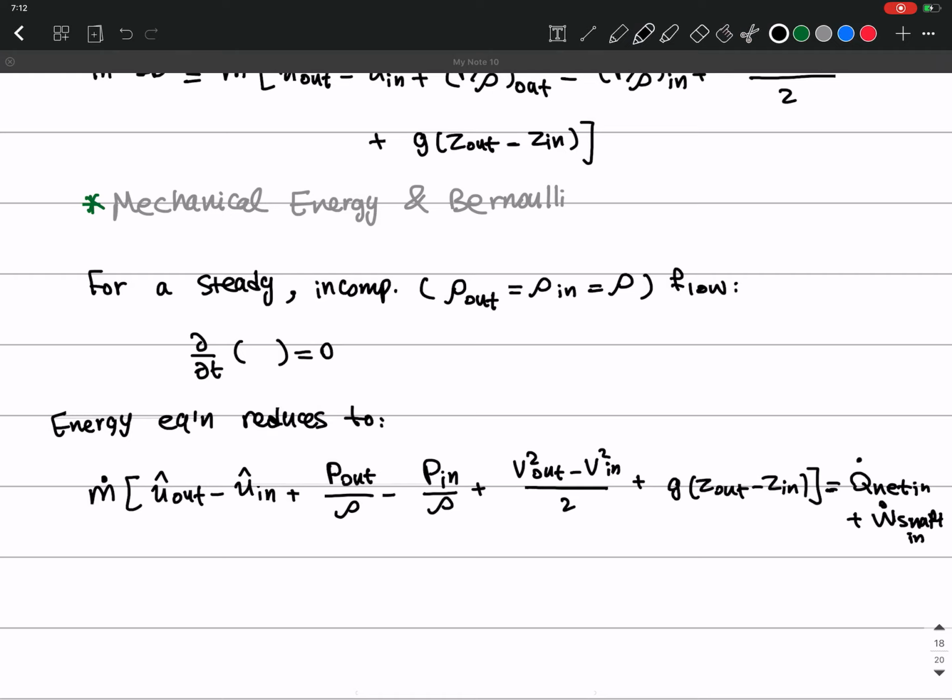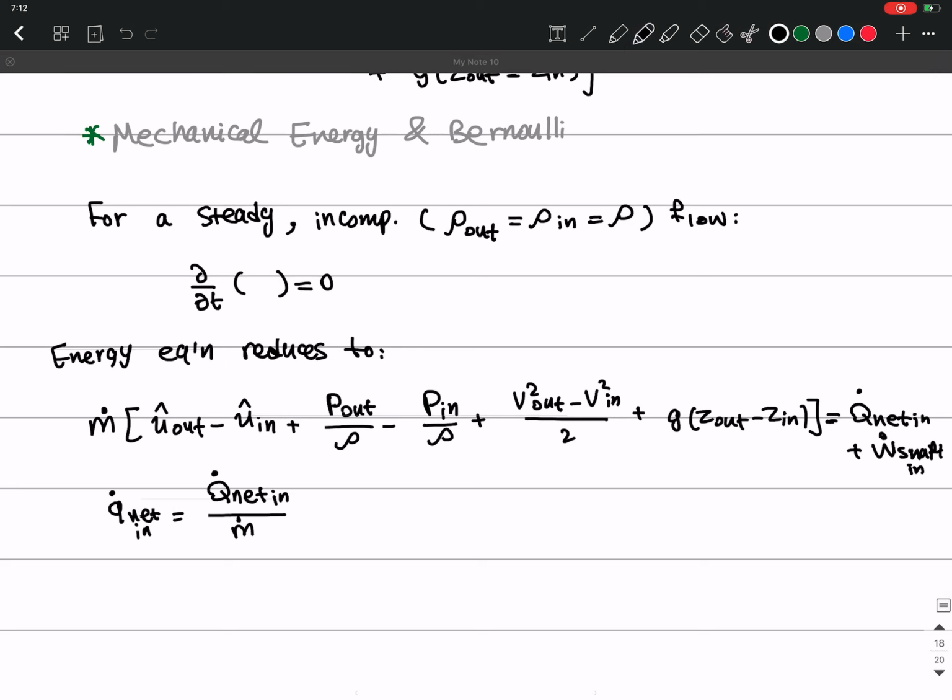Now if we define the small q net in as the total q dot net in, which is heat transfer, over m dot, the mass flow rate, I can write this equation as follows.